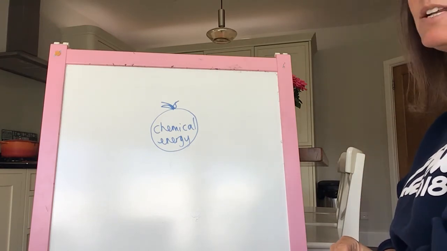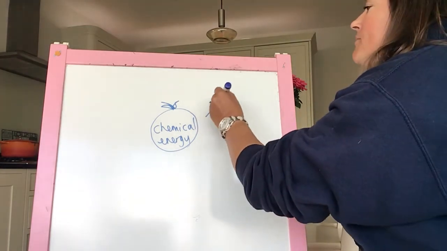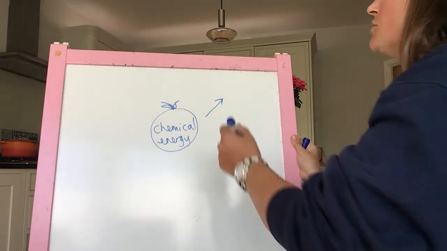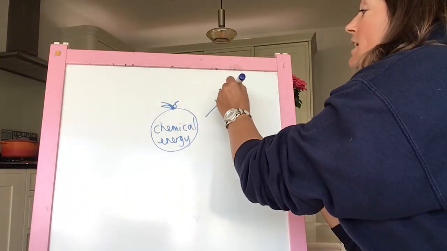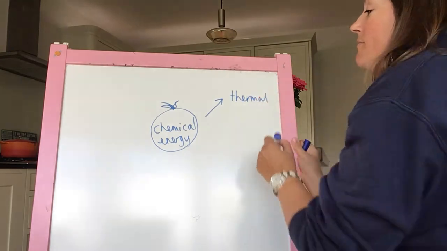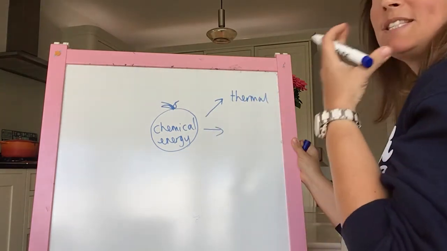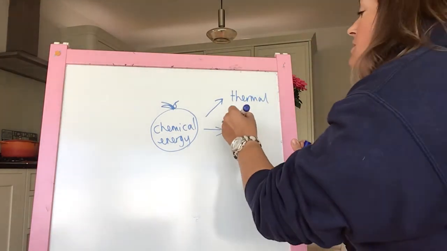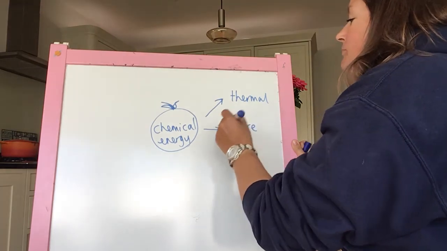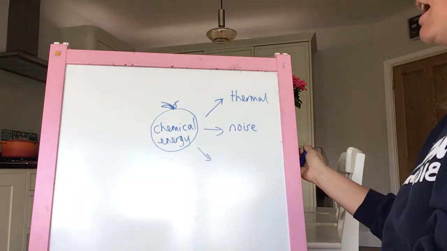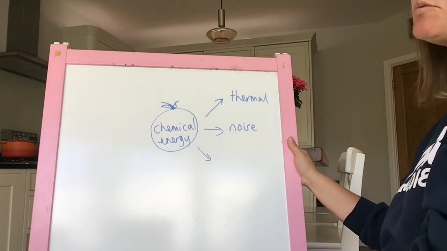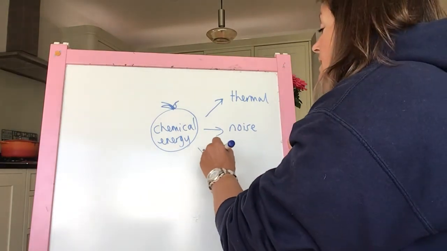And what is that chemical energy going to turn into? Well, some of the energy from our food turns into thermal or heat, keeping us warm, doesn't it? Some of it will come out as sound, because we're quite noisy, us humans. And also, it will help us move, won't it? Kinetic.